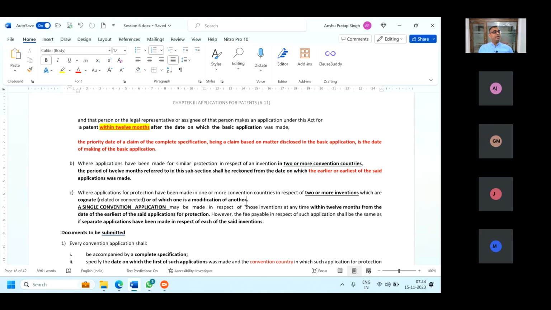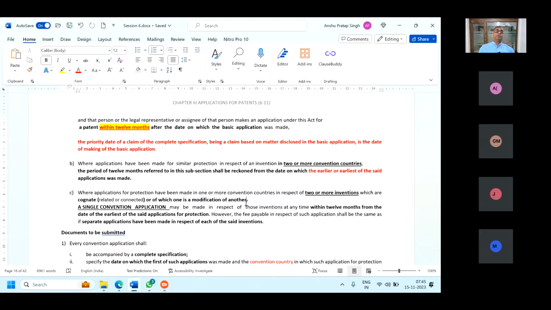The second concept was, if the patent application is filed in two or more convention countries, that means there are various base applications, then what I will consider is the earliest one as the base from which 12 months should not have passed. You cannot fall on the US, the latest one, for calculation of the 12 months. You have to fall on the earliest one for calculation of the 12 months.